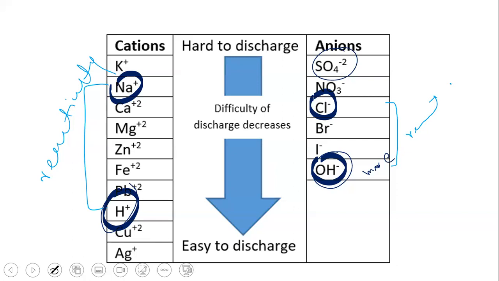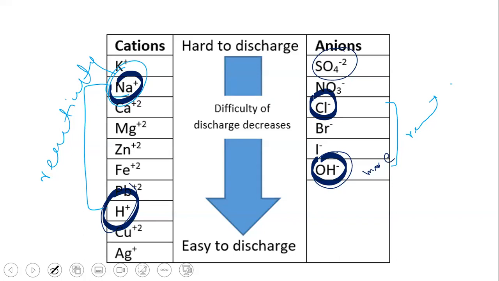But between hydroxide and chloride, the difference in reactivity is less. So we have a lot of chloride ions. And what will happen? The reactivity loses. The concentration wins. So you remember this, even the concentration of sodium ions will also be high, but it is not high enough to overcome the difference in reactivity.